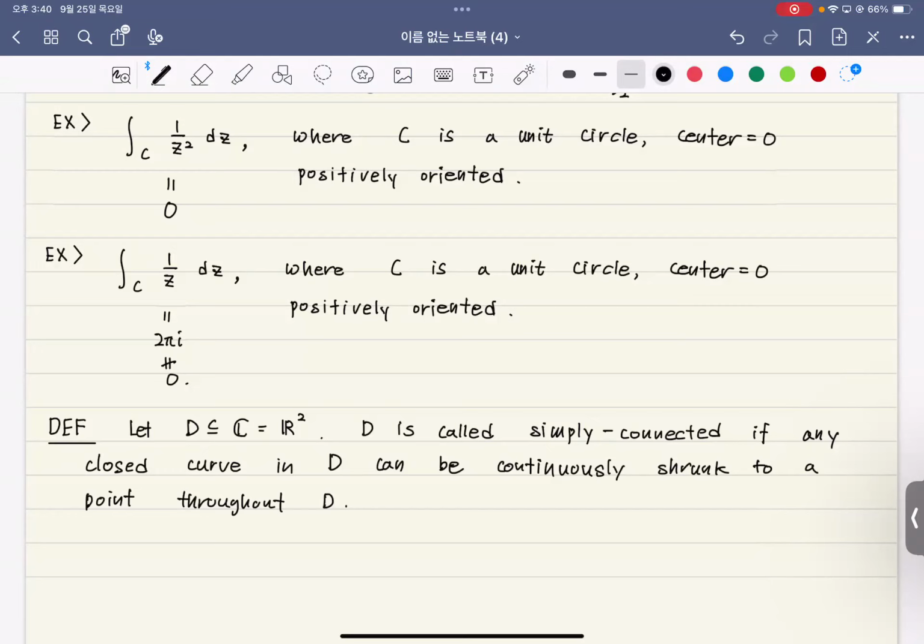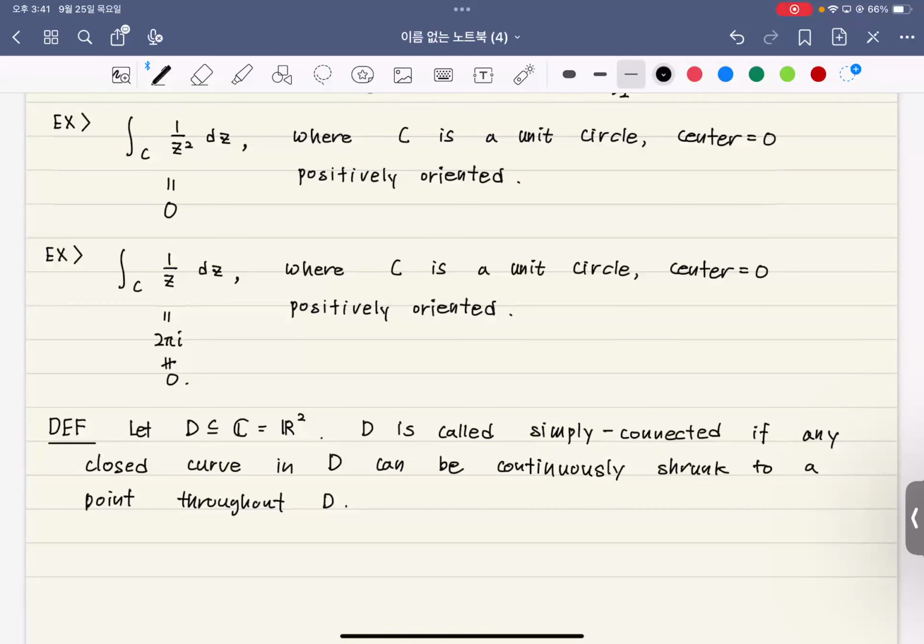Roughly speaking, this condition implies that in order to be simply connected, your set does not have any hole inside, right? If this is my set D, then you can think of any curve contained in D, and this curve can be continuously shrunk to a point.